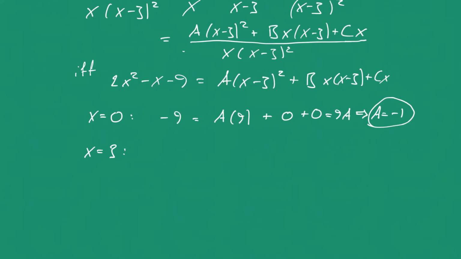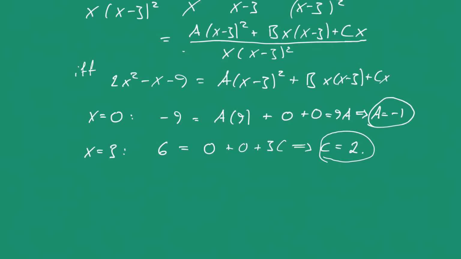So we'll have 6 is equal to, when x is 3, our first term with a becomes 0, our second term with b becomes 0, and we have 3 times c, and so 3c is equal to 6, which implies that c is just equal to 2.